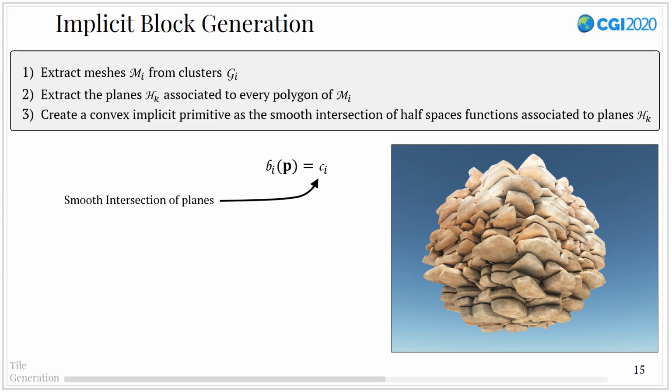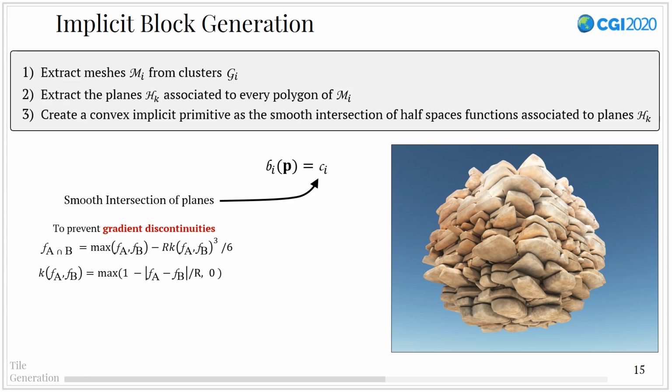Using a smooth intersection operator is mandatory to prevent gradient discontinuities. For this operator, we use the following equation. You may notice that the resulting surface is smooth. It lacks high-frequency details.